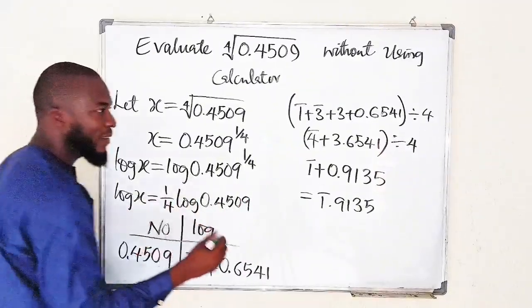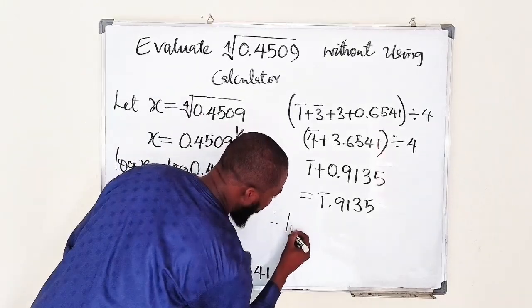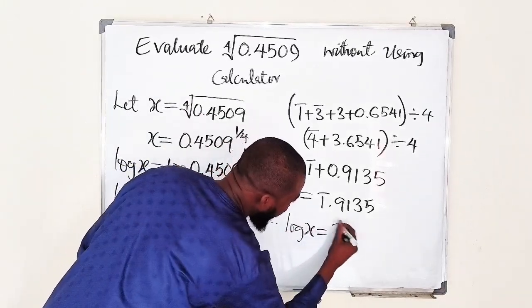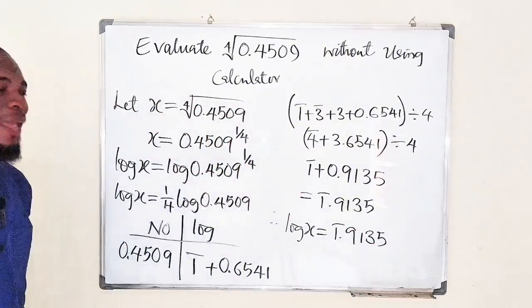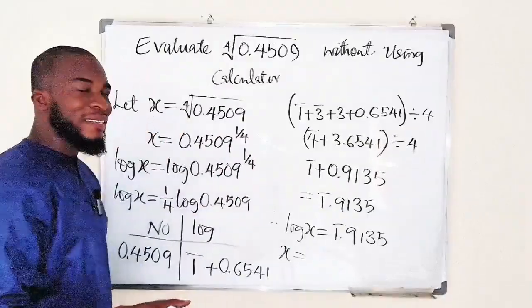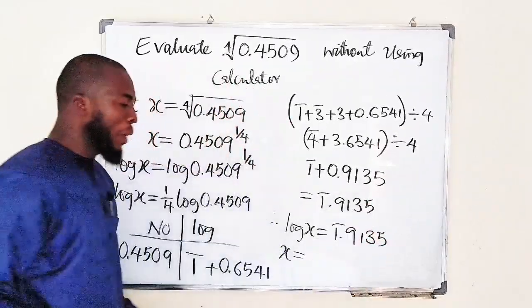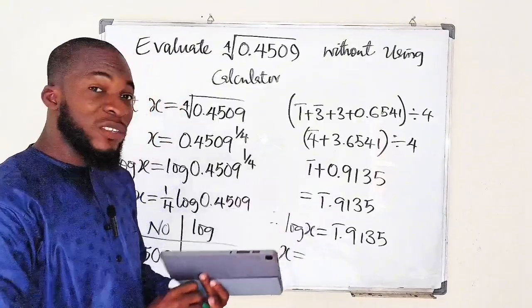So this is said to be the whole of this. So log x, where should I write it? Let me write it here. Therefore, log x is equal to bar 1.9135. But we are not looking for log x, rather x. So x will be what? Antilog of this number. But under antilog, numbers begin with point something.